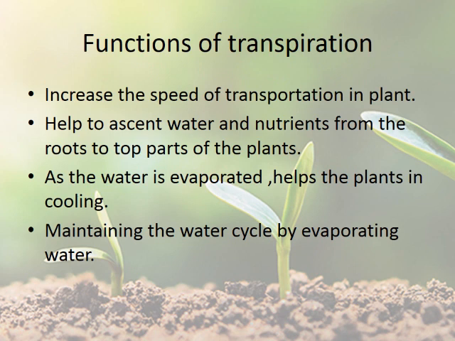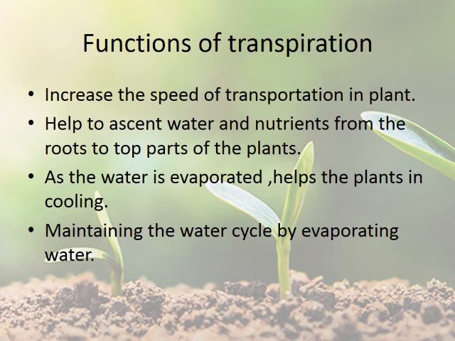The first one: it increases the speed of transportation in the plant, because most of the material is transported throughout the plant in a water medium. When water travels upward through transpiration, some of the material also travels up to the upper parts. So transpiration directly supports transportation. Second, it helps to ascend water and nutrients from the roots to the top parts of the plants, as I explained earlier.